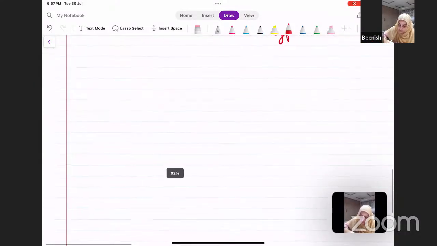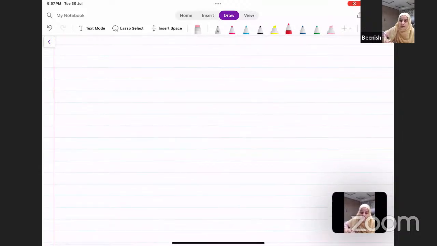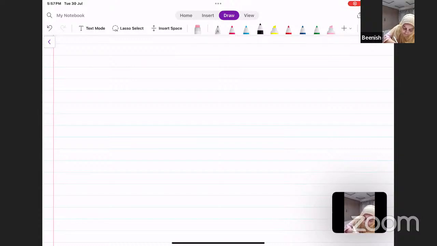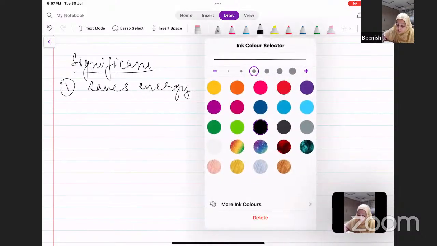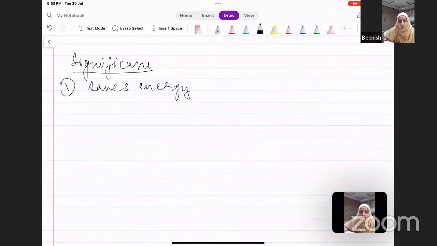Now let's talk about the significance of the salvage pathway. So what is the significance? One, I've already told you that it saves energy, because the body has spent a lot of energy in synthesizing your purine bases, and the body does not want it to go to waste. The second is that there is effective recycling.